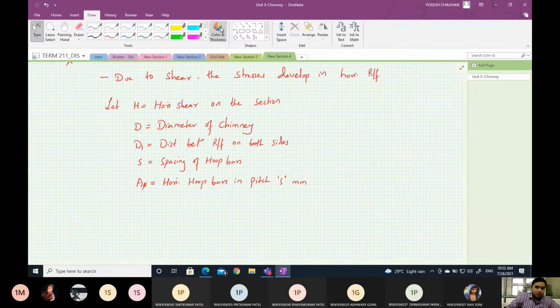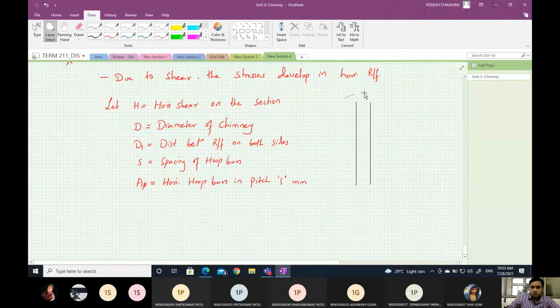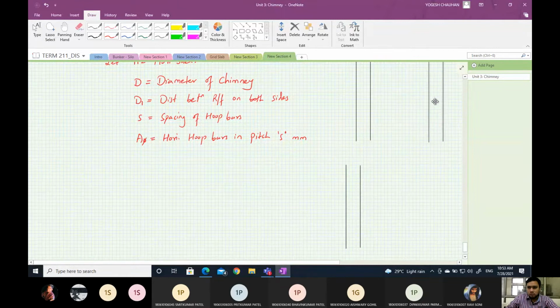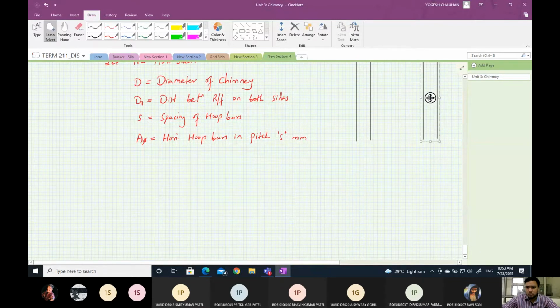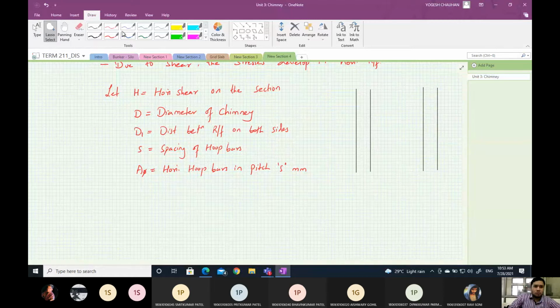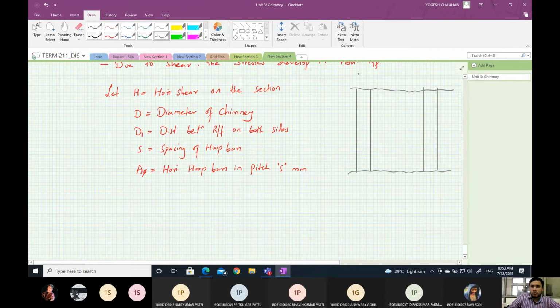Okay, so let us understand this by a section. Consider a small segment of the chimney. We are considering only a portion of the chimney.